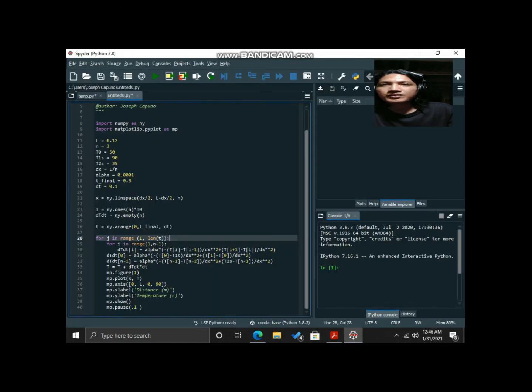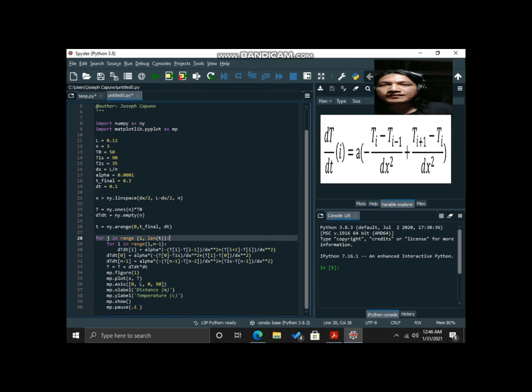So, ang formula mo is dT over dt. So, kita nyo naman sa side yung formula is equals to alpha times T i minus T i minus 1 over dx squared plus T i plus 1 minus T i over dx squared.